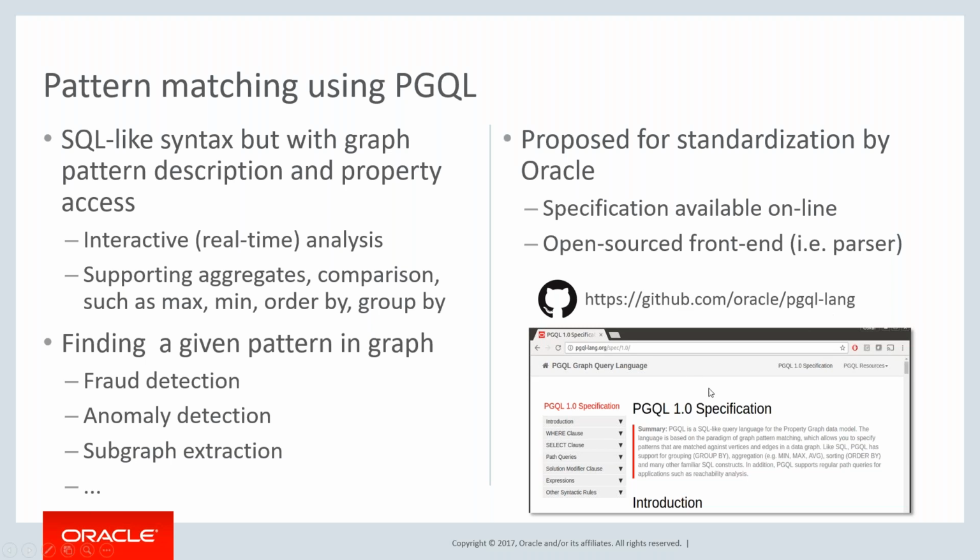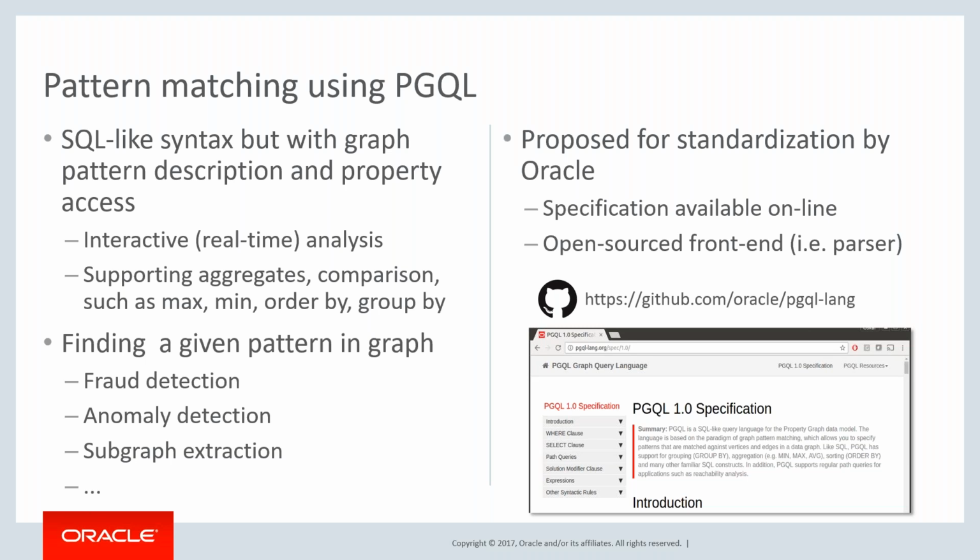One of the things I want to point out here is there's the PGQL specification. If you go look at pgql-lang.org, you'll find the various specs that are available out there right now. The specification is moving along, and they're adding a lot of functionality to it, and I'm looking forward to when we can get to the next versions.